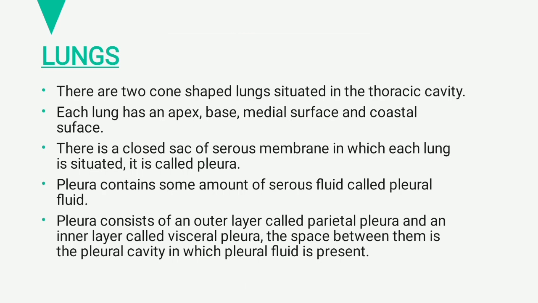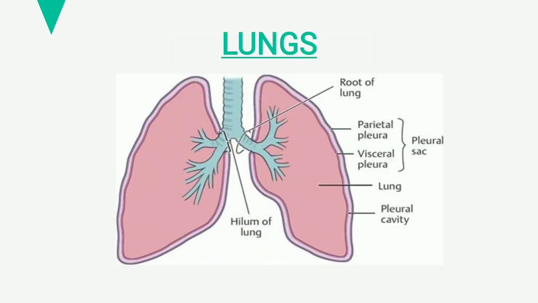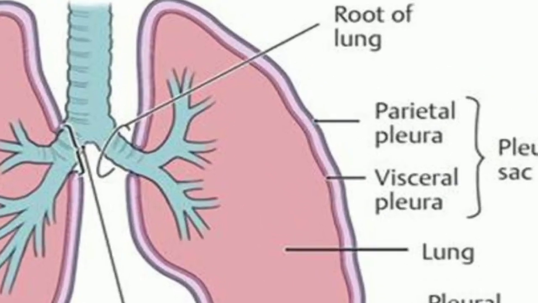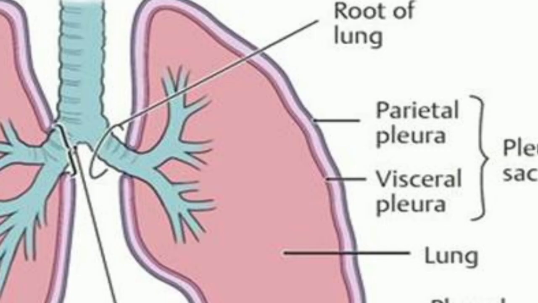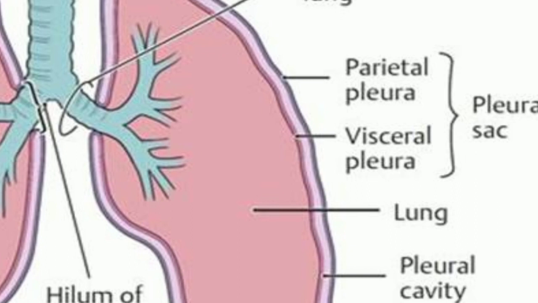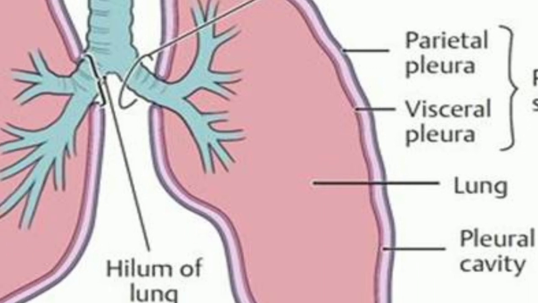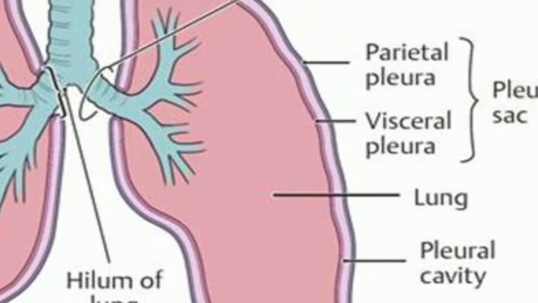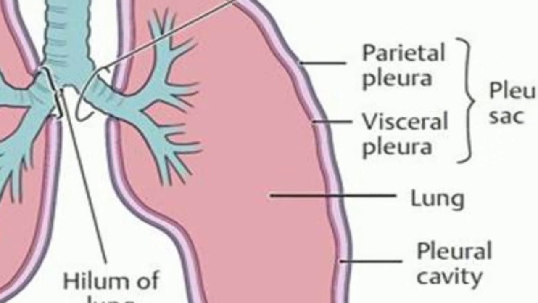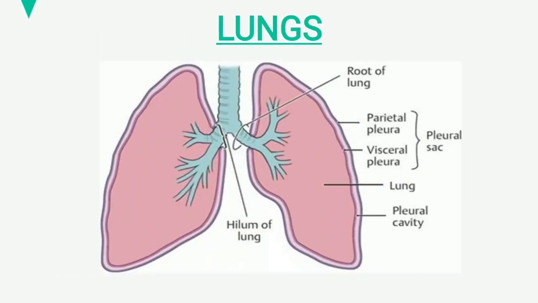So in this structure you can see there is an outer covering called parietal pleura. The inner layer is visceral pleura. This together is known as pleural sac, and in this sac the lung is located. And this middle space that you can see consists of fluid that is known as pleural fluid, and that space is known as pleural cavity.